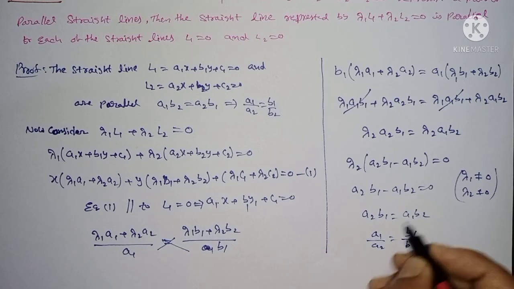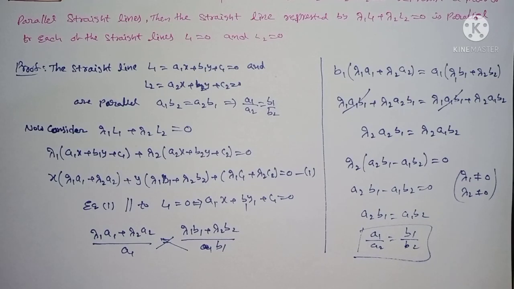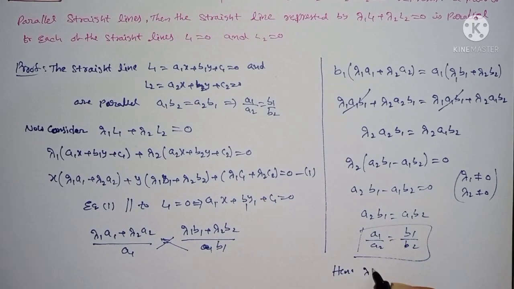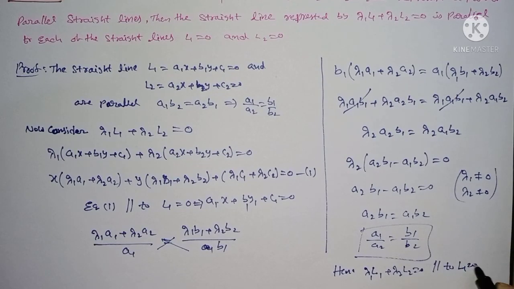This is the form of parallel. Hence, lambda 1 L1 plus lambda 2 L2 is parallel to L1 is equal to 0.